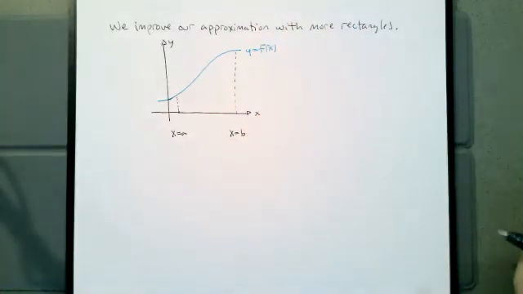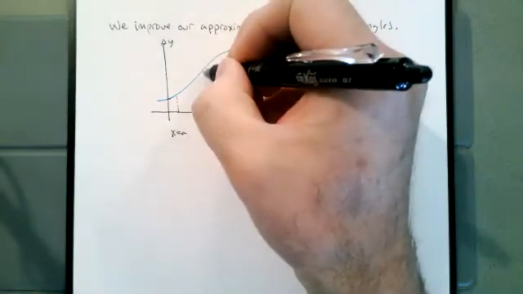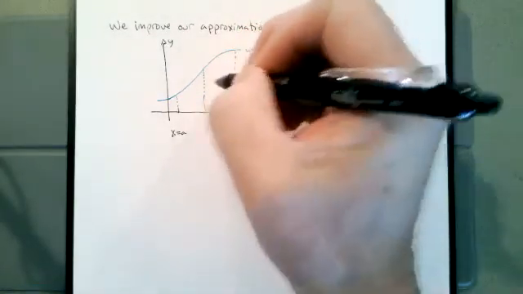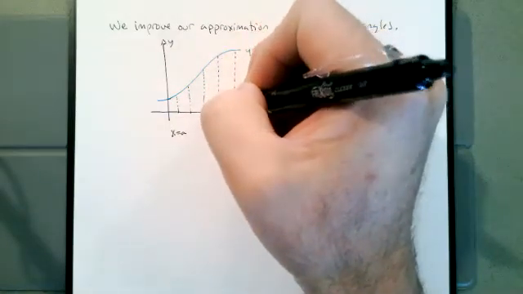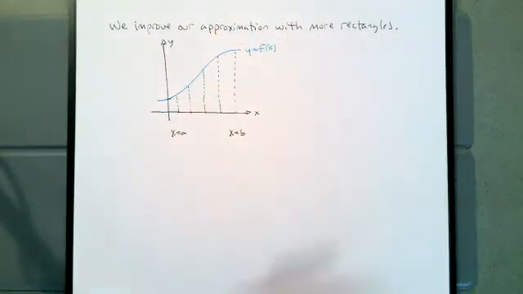But instead of 2, where before I broke this into 2 rectangles, I'm going to break it into 4. So now our delta x is smaller, but the number of rectangles is larger.